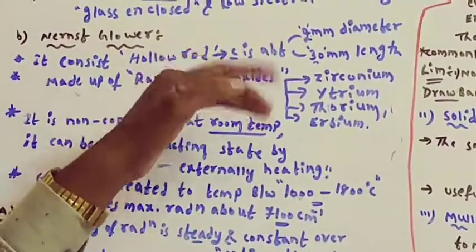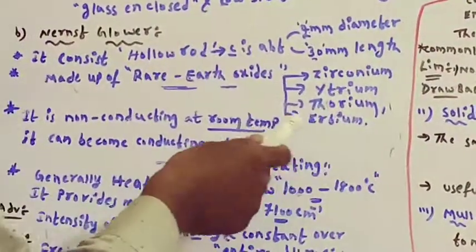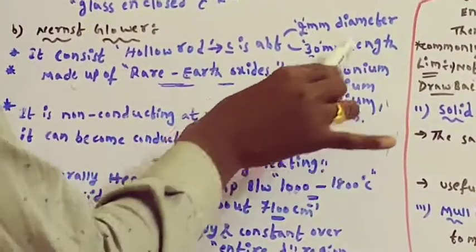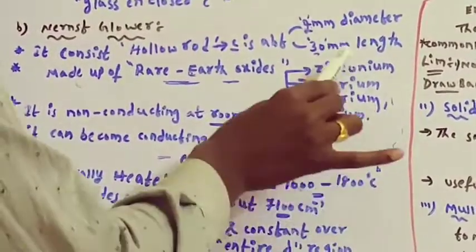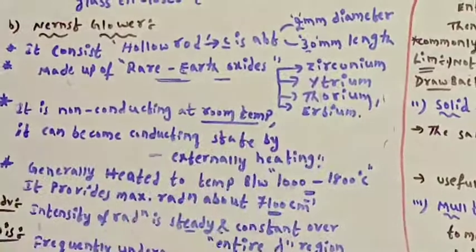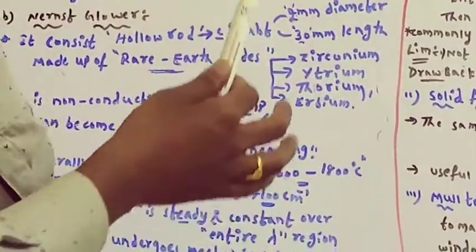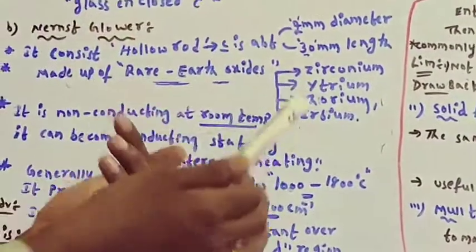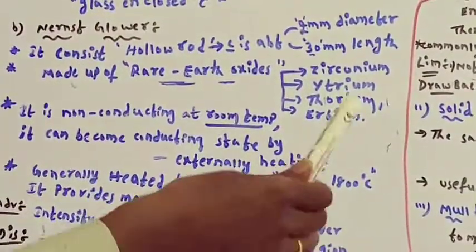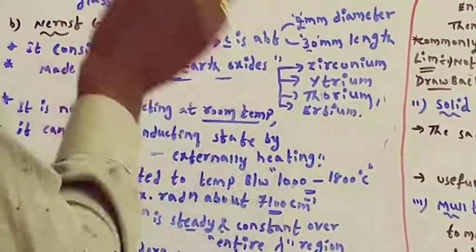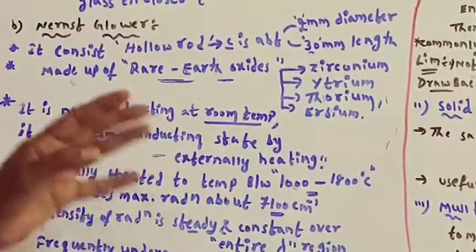Rare earth metal oxides such as zirconium oxide, yttrium oxide, thorium oxide, erbium oxide. From a GPAT point of view also a question can be asked: in the following IR radiation sources, which one is made up of rare earth oxides? You need to choose the Nernst glower.